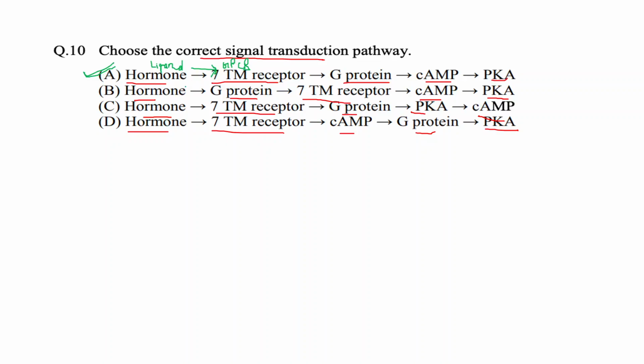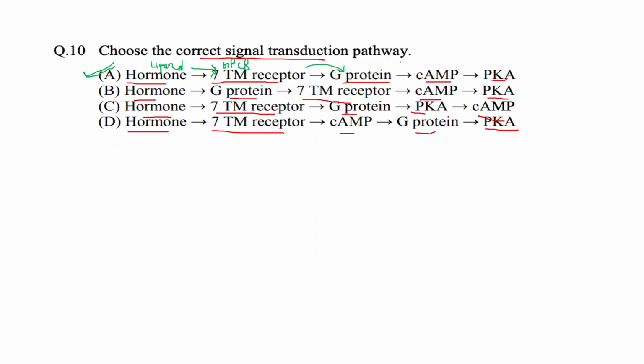These three options have hormone and 7 transmembrane receptor: options A, C and D. Now after binding with the GPCR receptor, it leads to the activation of the G protein. So A and C have G protein after the transmembrane receptor.